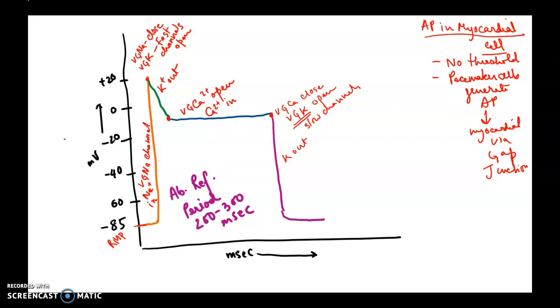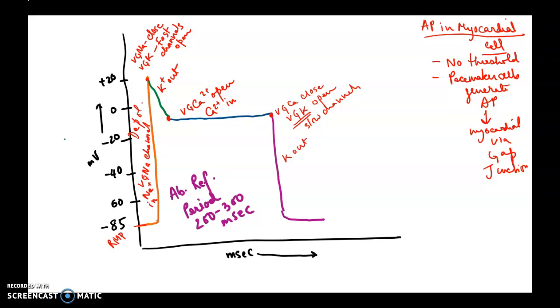As soon as the action potential reaches these cells, voltage-gated sodium channels open up, sodium enters the cell, causing depolarization to positive 20. So this is depolarization, right?